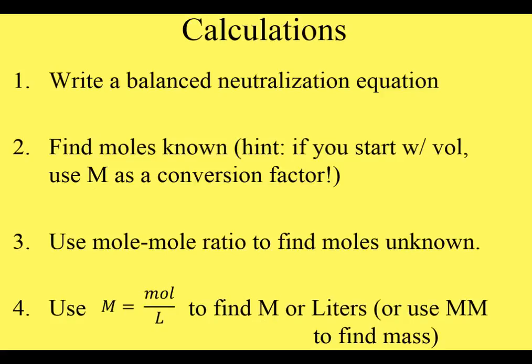Our last step is to use the molarity formula. Molarity is moles over liters, to solve for either molarity or liters. If they happen to ask for mass, of course, we can use molar mass like we have in the past with other stoichiometry type problems.